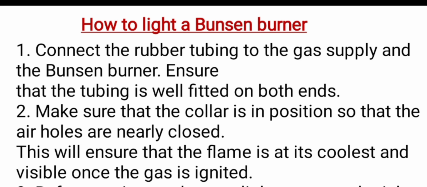It has to be slightly opened, or nearly closed, a slightly small space to allow a little supply of oxygen. This will ensure that the flame is at its closest and visible once the gas is ignited. That is the reason for allowing the air hole to be nearly closed.